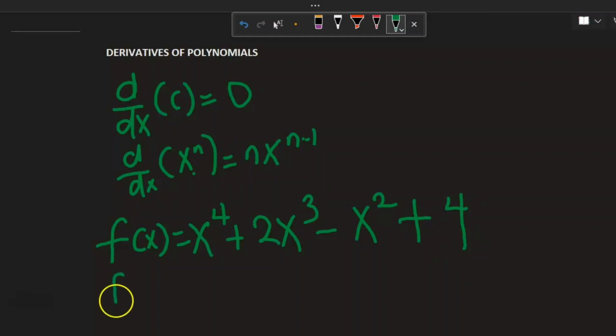Now, if we were asked to find f prime of x, f prime of x means the derivative of this with respect to x.